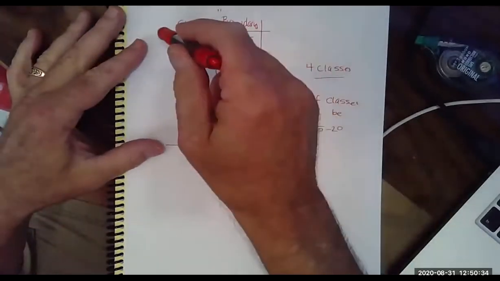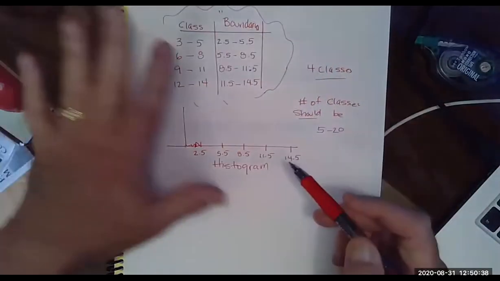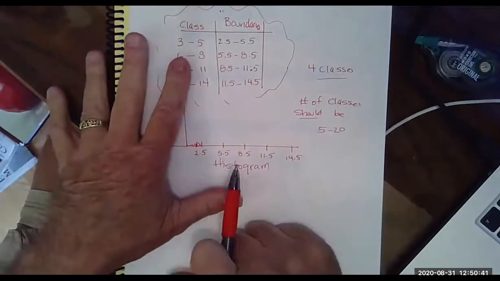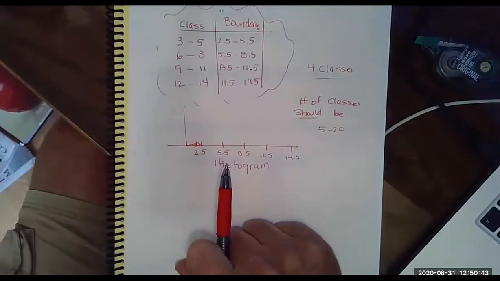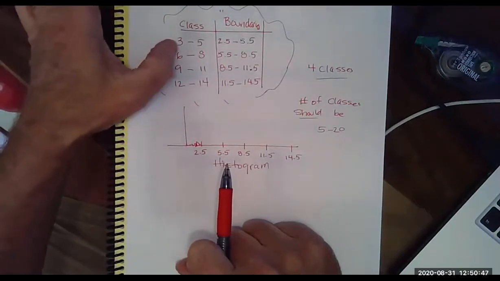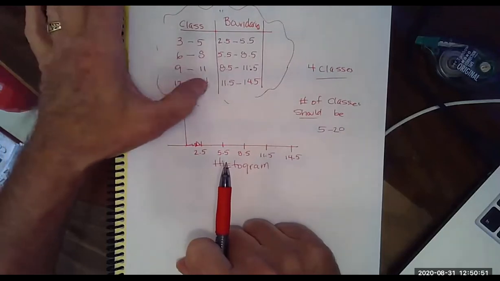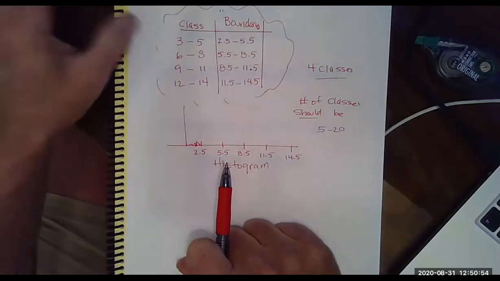What the author tends to do is say, okay, why do they set up the classes and the boundaries? If the classes are all whole numbers, let's say the lowest whole number is 3 and the highest is 14.